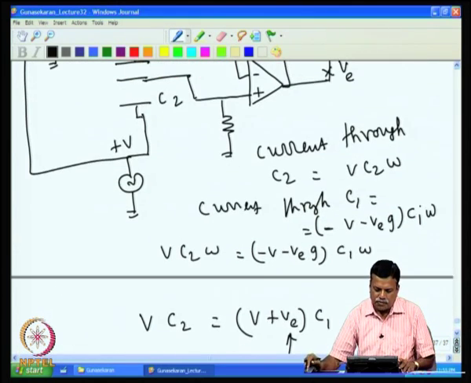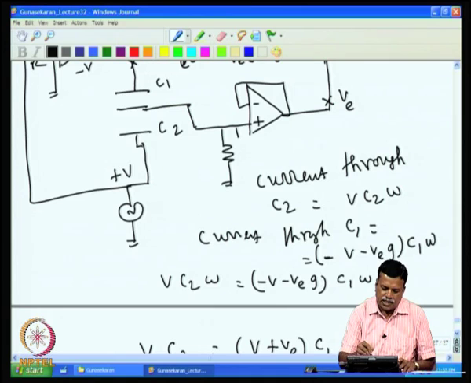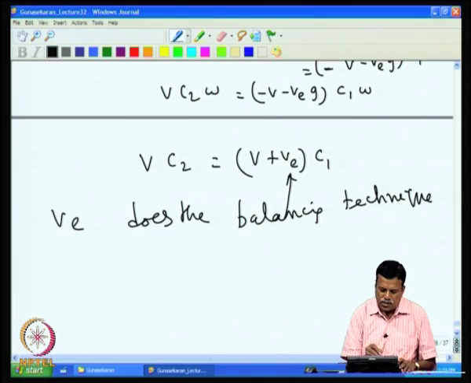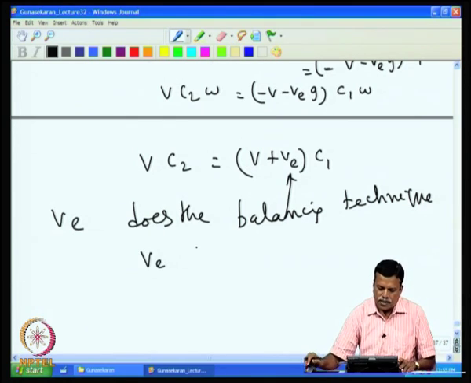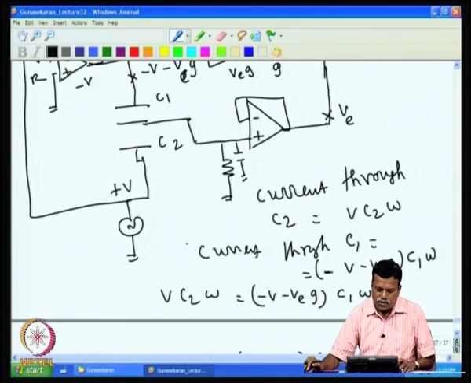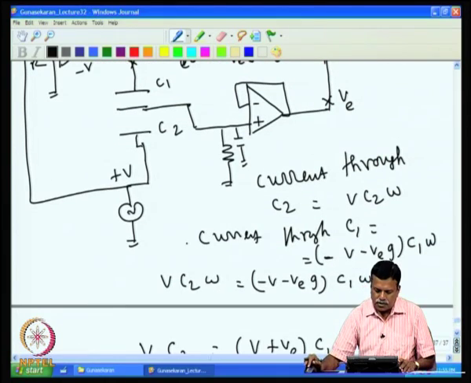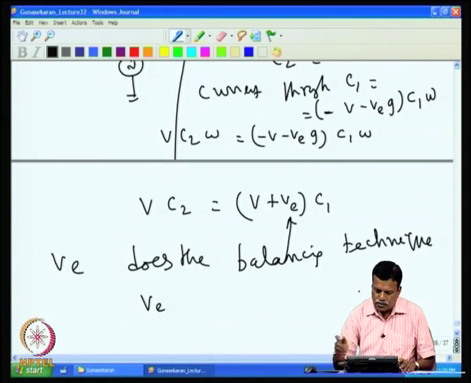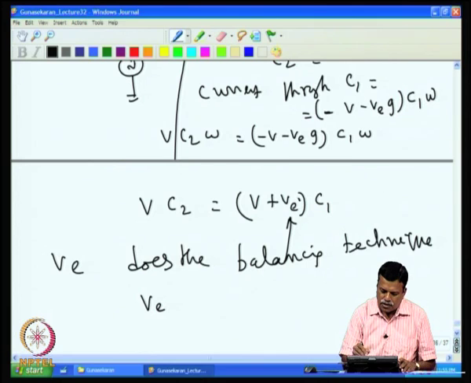Since the bridge is getting balanced, the stray capacitor is not a serious problem, because VE will be small if the gain is large. VE into G, sorry, V into G has to come here.